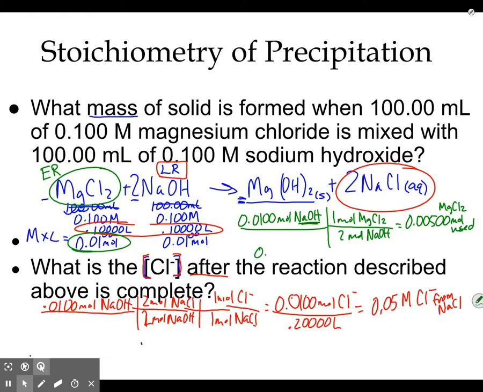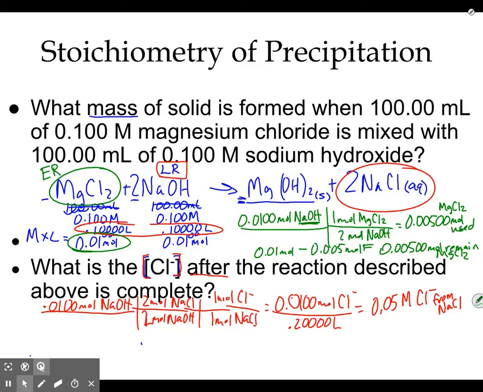So 0.01 moles is how much I had, minus how much I used, which I just calculated as 0.005, and that equals 0.005 moles remain. It just happened to be the same number as before, but it's not always going to be that way. So now we know how many moles of magnesium chloride remain.